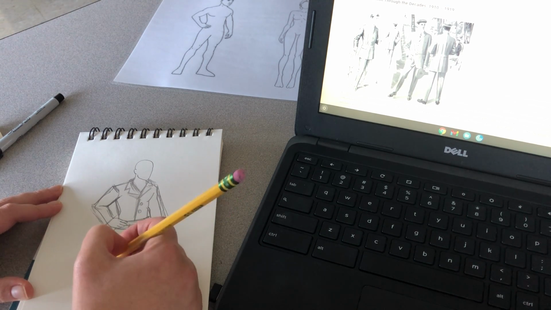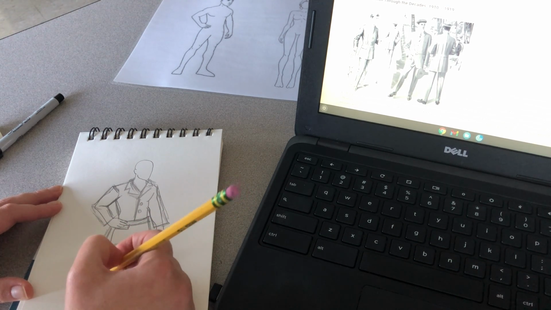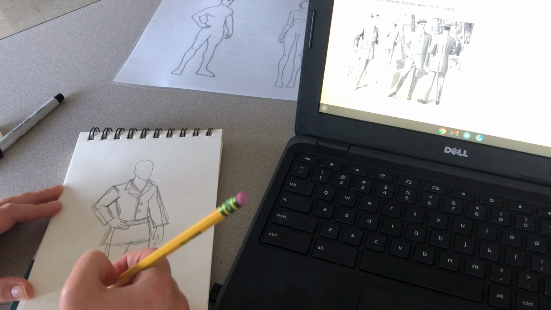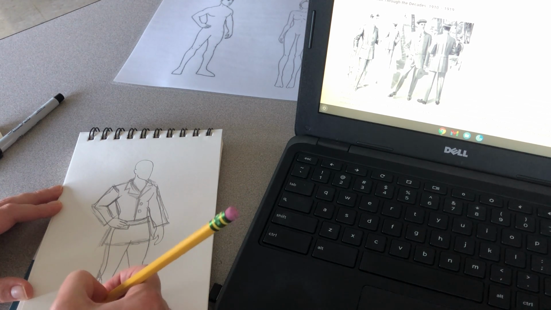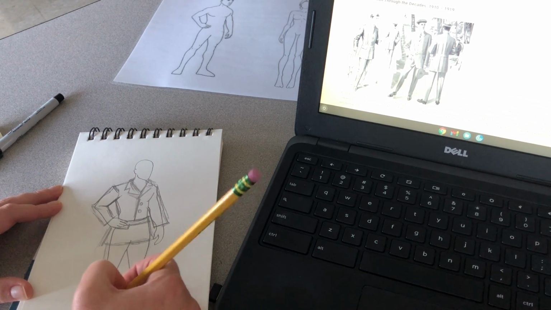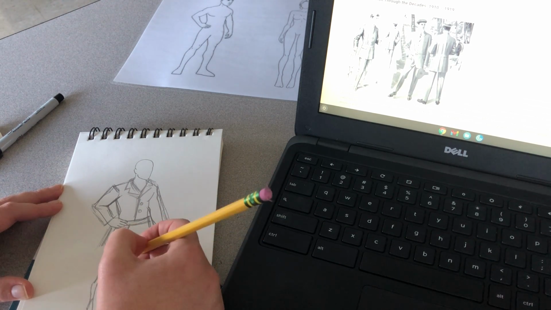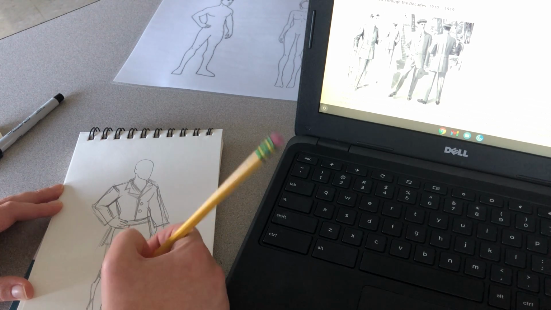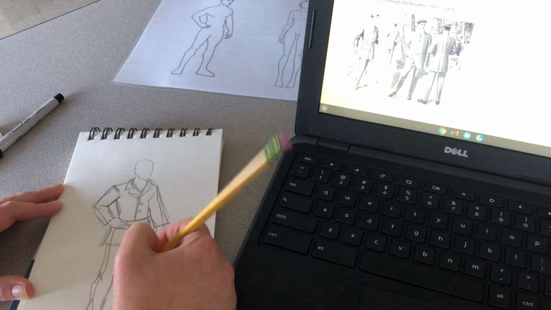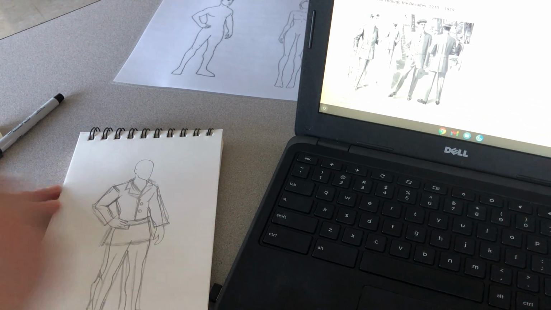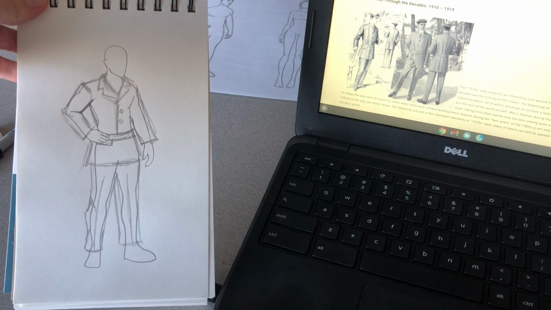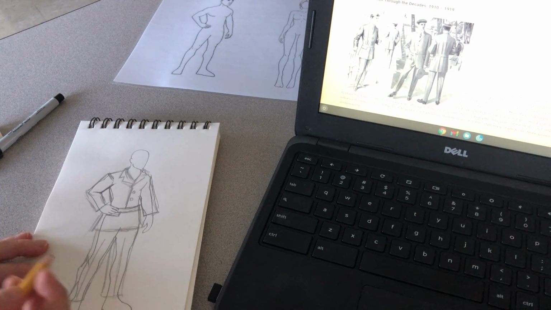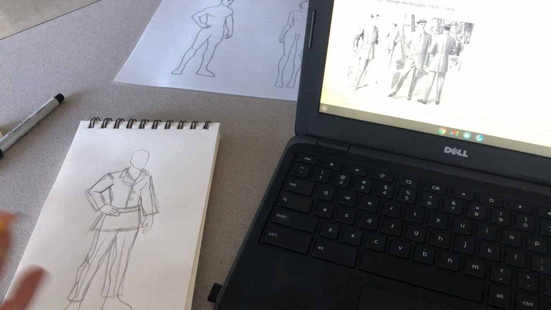And then you're drawing in any wrinkles that you see, any extra lines, like so. It has a fabulous pleat down the front, so I'm going to draw that in. So you're drawing the clothes on top, right?